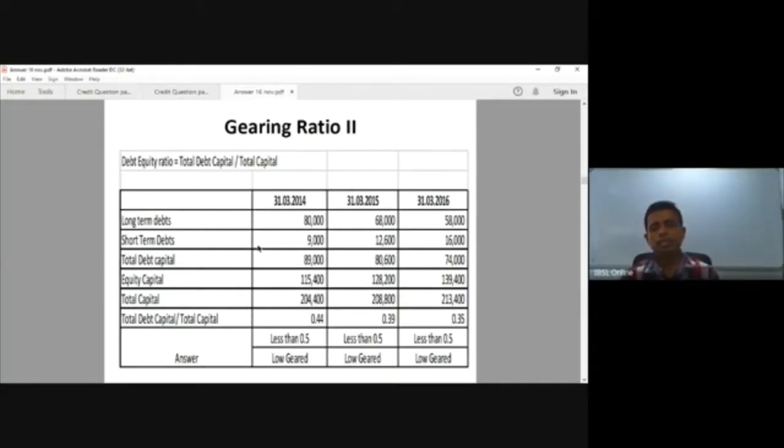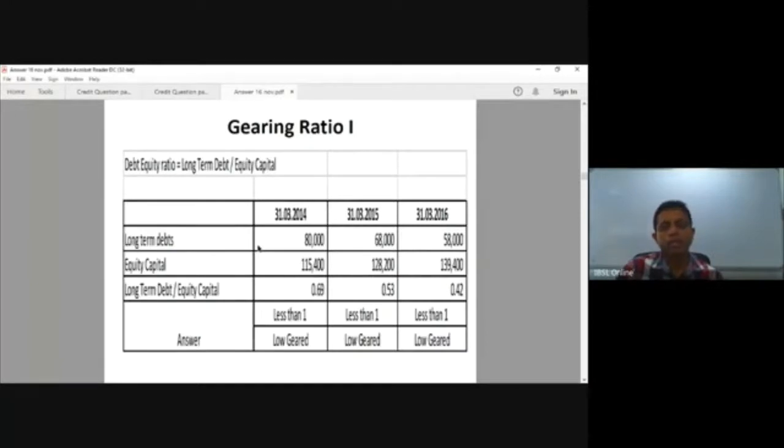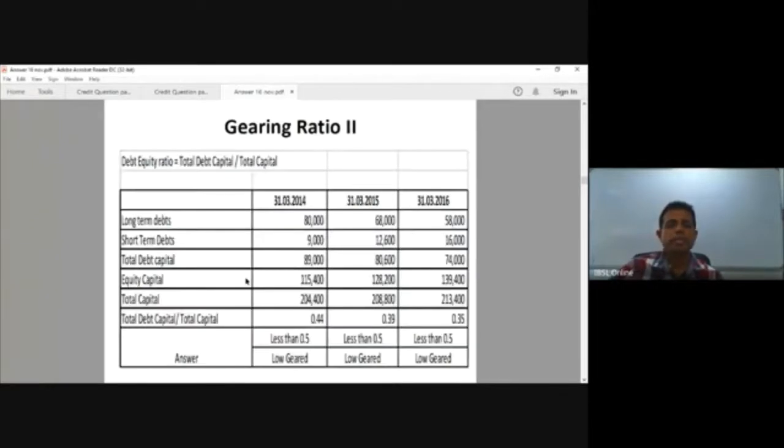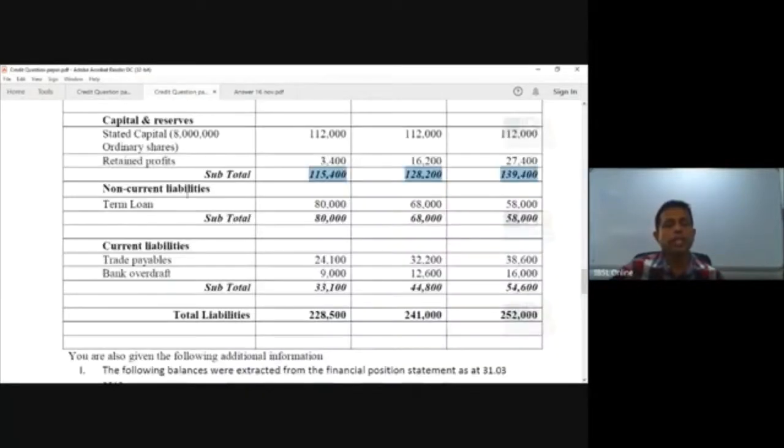First, you take the long-term debt capital, which we have already taken in the previous ratio: 80,000, 68,000 and 58,000. You have to take that here under the second gearing ratio. First, we took the long-term debts. Then short-term debts: when you come to short-term debt, you have to go to the current liabilities.